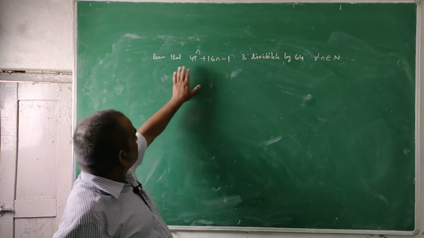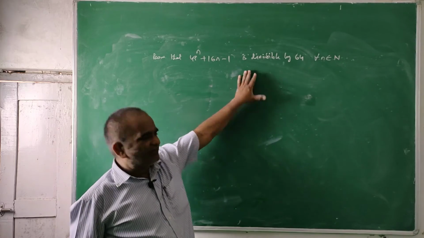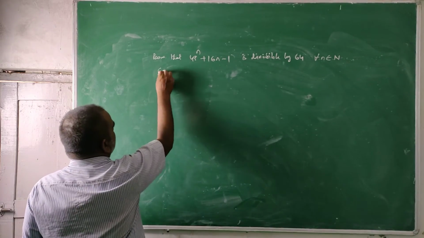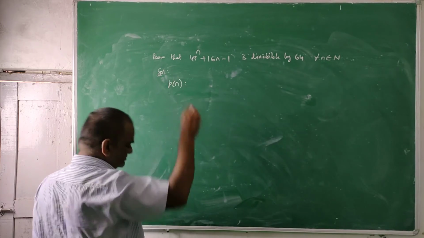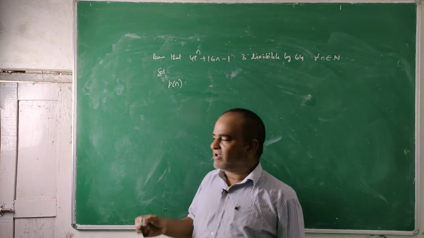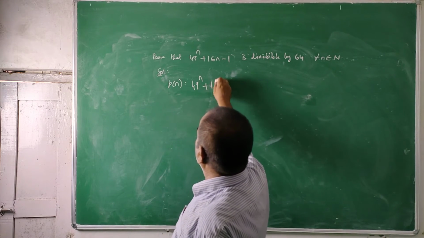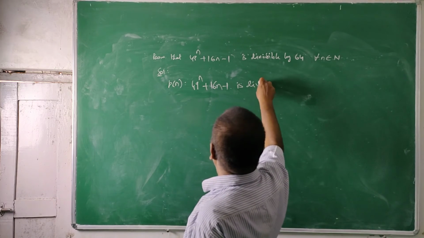So we have to prove this. Now let us start the solution. So P of n is 49 to the power of n plus 16n minus 1 is divisible by 64.